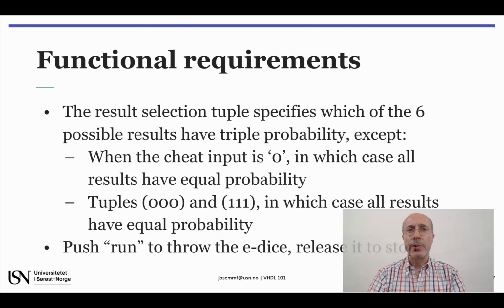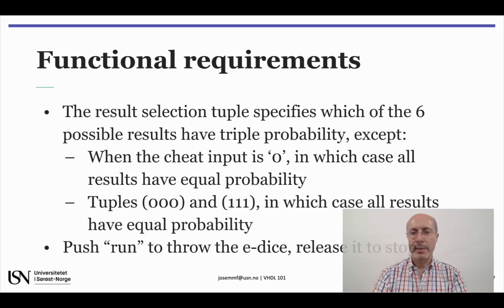The 3 result selection inputs allow you to specify 2 illegal combinations, since the result can never be 0 or 7. In such cases, you must make sure that all results are equally probable, even if the cheat input is active. The run button, as we said a while ago, will throw the dice when pressed and stop it from rolling when released.